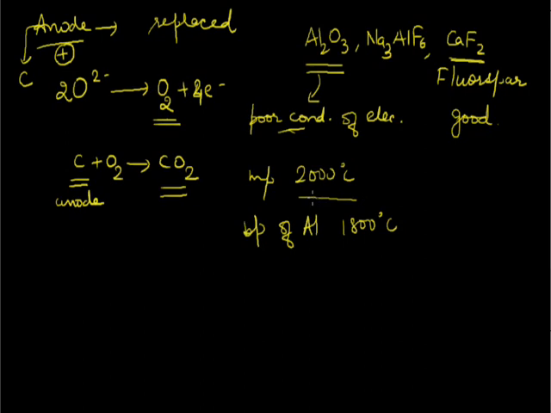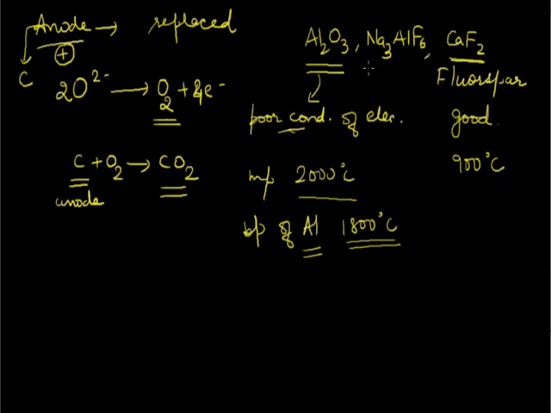So even if we melt Al2O3 anyhow by more consumption of electricity, the aluminium extracted will vaporize because its boiling point is below 2000 degrees Celsius. So this is another disadvantage, and that is why a mixture is taken whose melting point is 900 degrees Celsius. So both of these problems are solved when alumina is taken in the form of mixture.